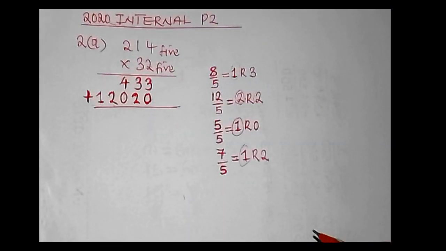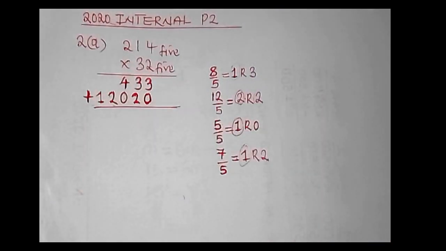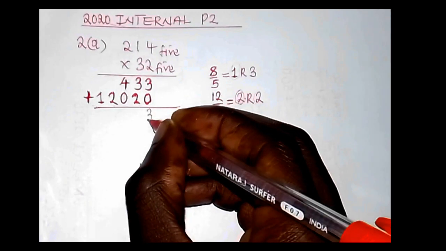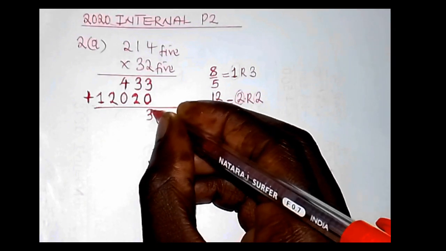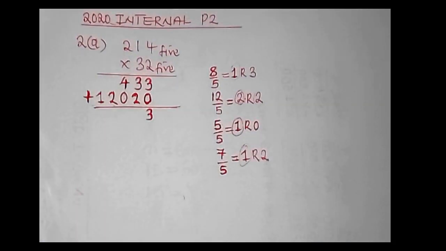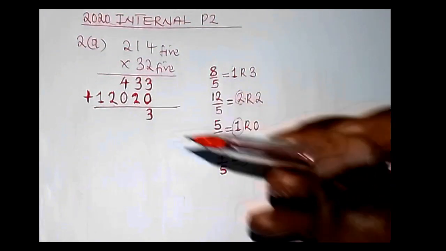This gives us a 3. So when we get a 3, we just put it there, because 3 is less than the base that we are looking at here, which is base 5. Then we go to this one, 3 plus 2.